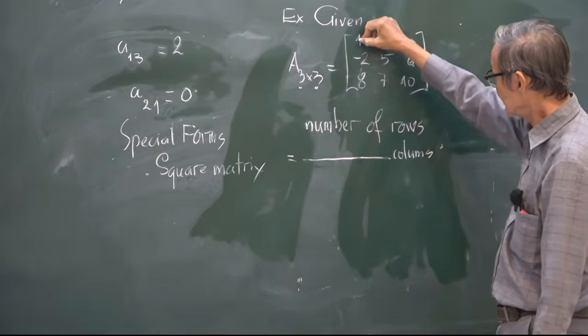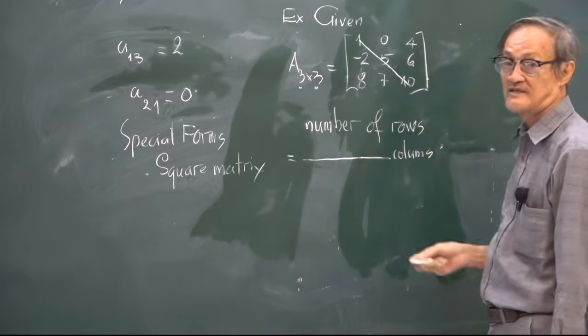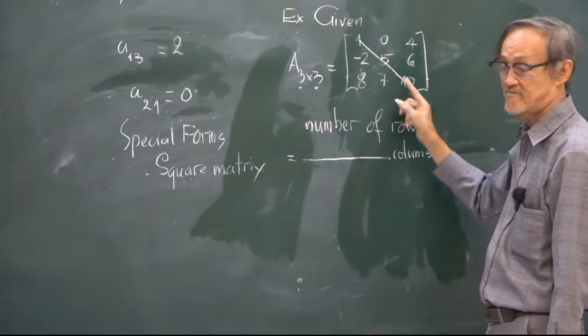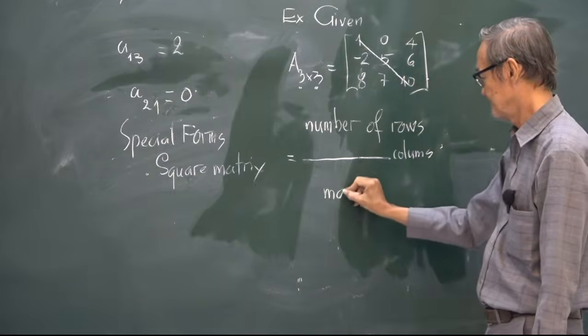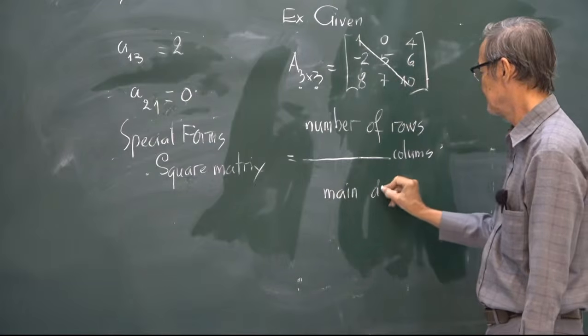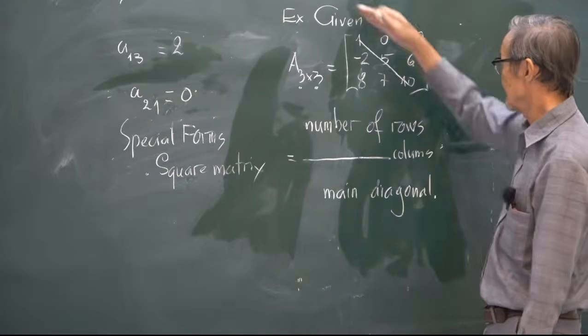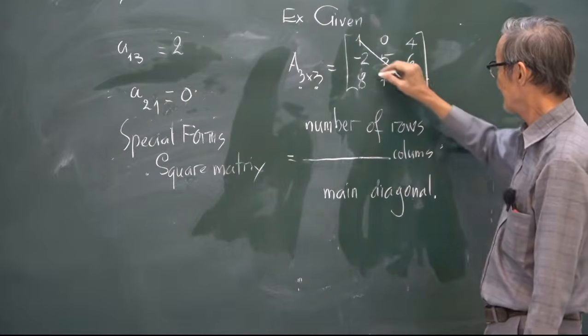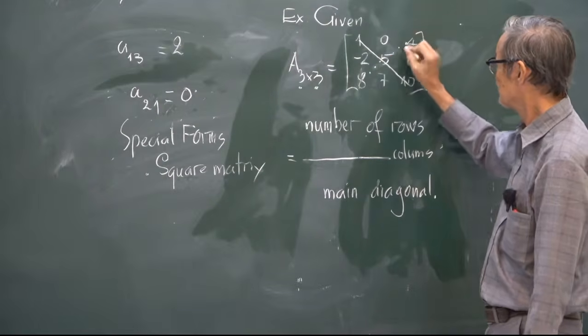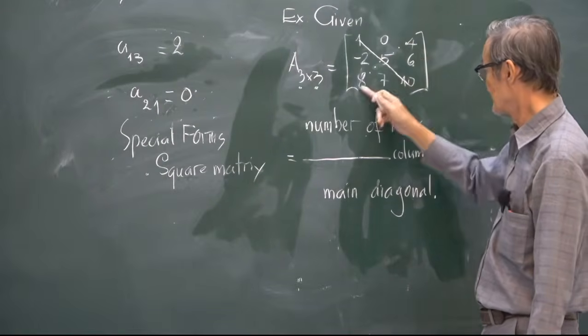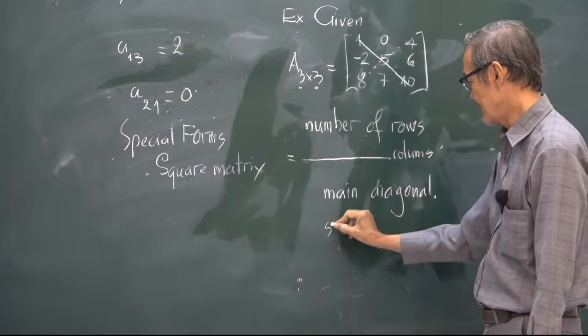And this diagonal is called the main diagonal. And the other diagonal is called the sub-diagonal.